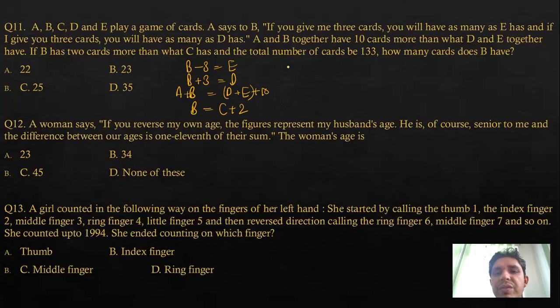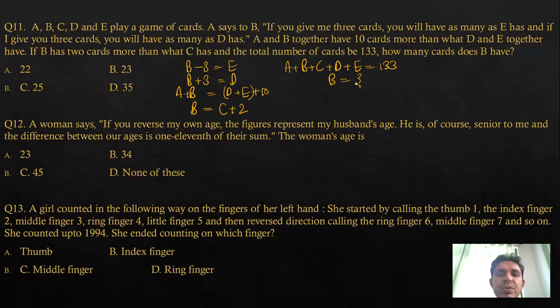And the total number of cards in A, B, C, D, and E is 133. How many cards does B have? So students, this is the question, right? Sometimes in examinations this type of question is asked, where you have to find the value of a particular variable and equations like this are given.